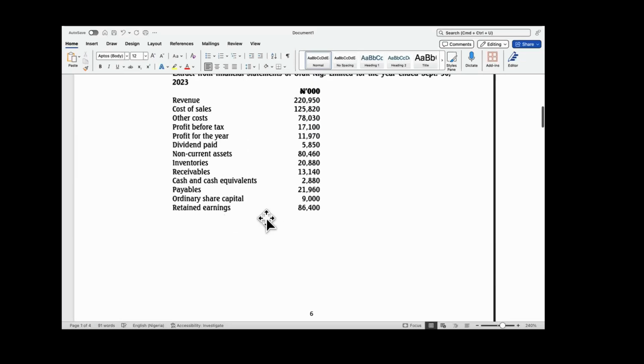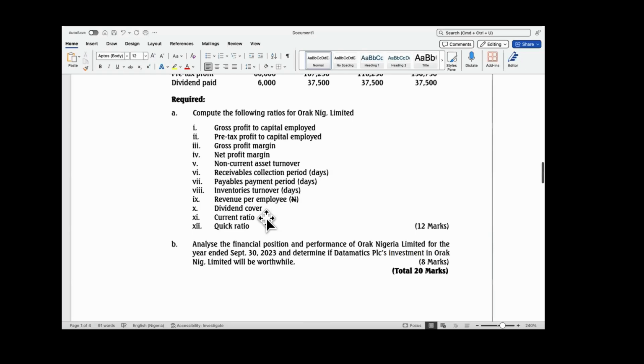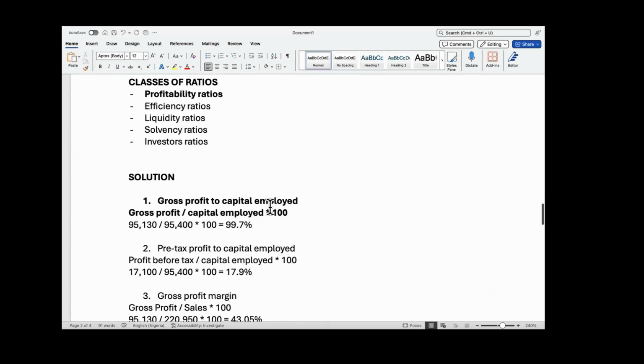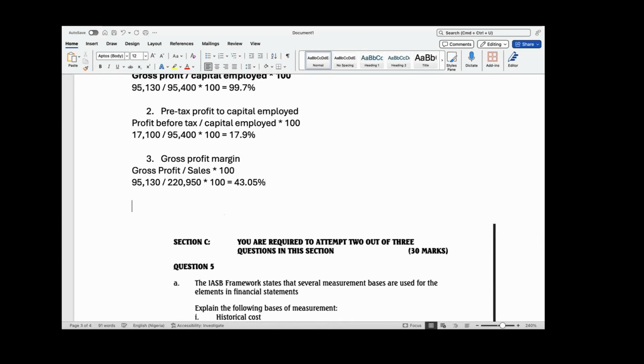Then the next ratio, what's the next ratio? Net profit margin. Net profit over sales times 100 over 1. And what would that mean? What does it measure? The amount of net profit we have gained from each sale.